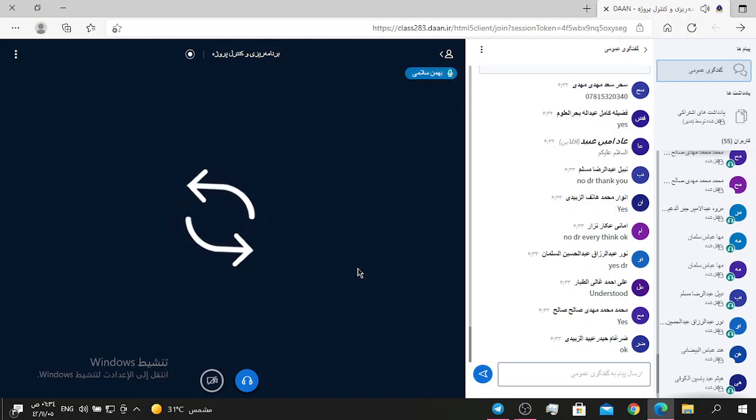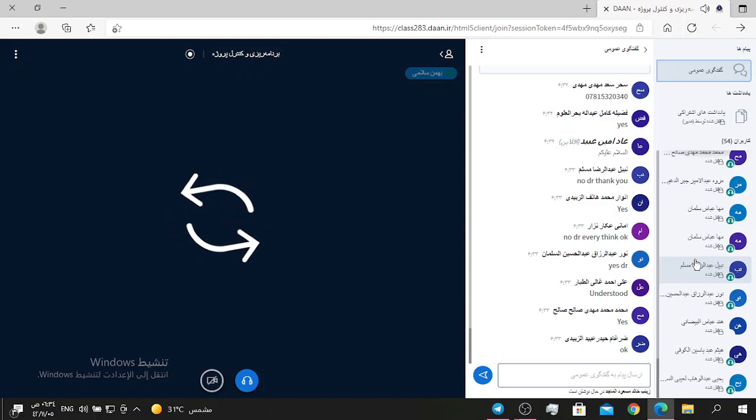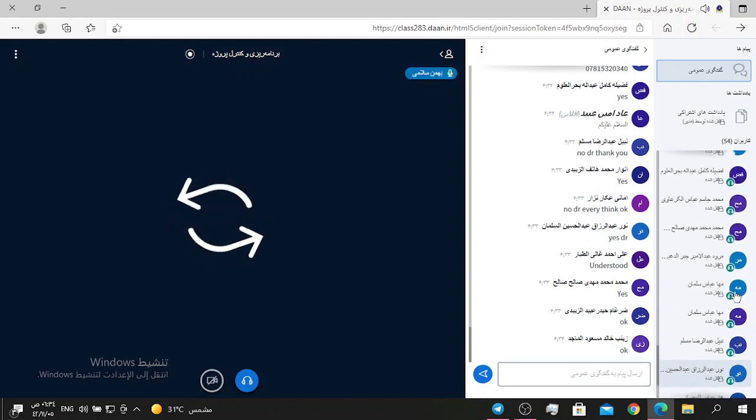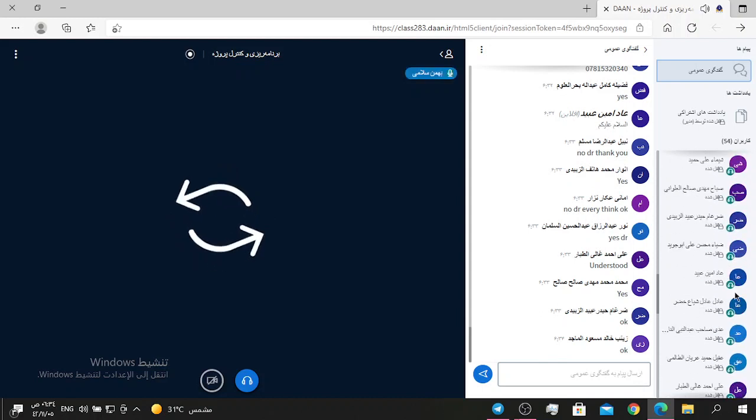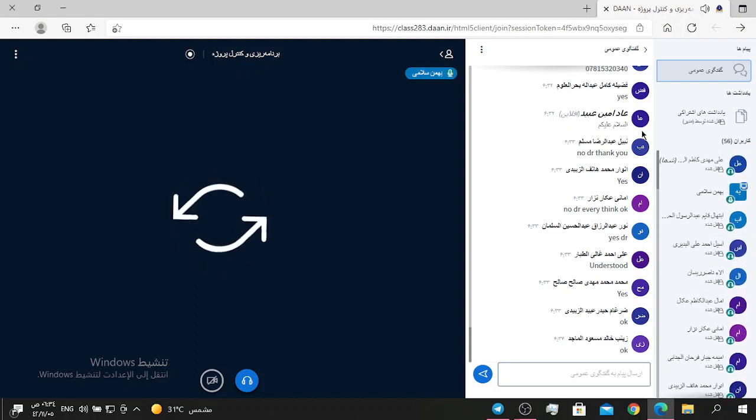It means that activity A and activity B, as you see in the diagram on the left, should start at the same time.